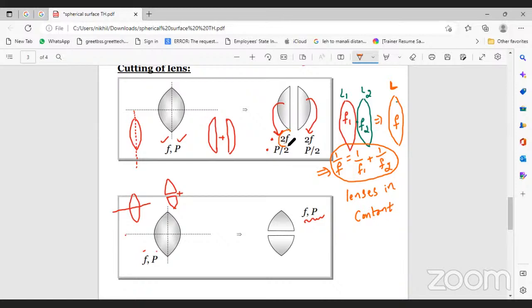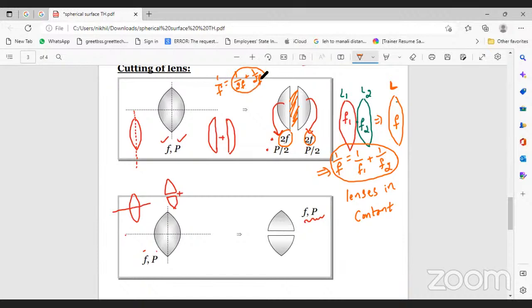If I bring these two lenses, 2F and 2F, in contact, how to calculate the effective focal length 1 by F? 1 by 2F plus 1 by 2F.